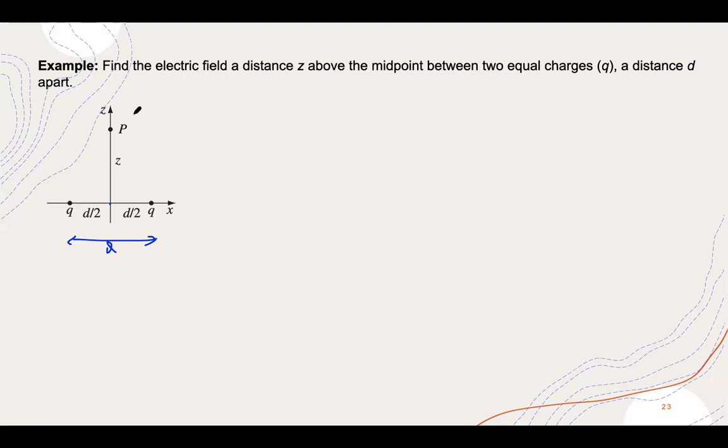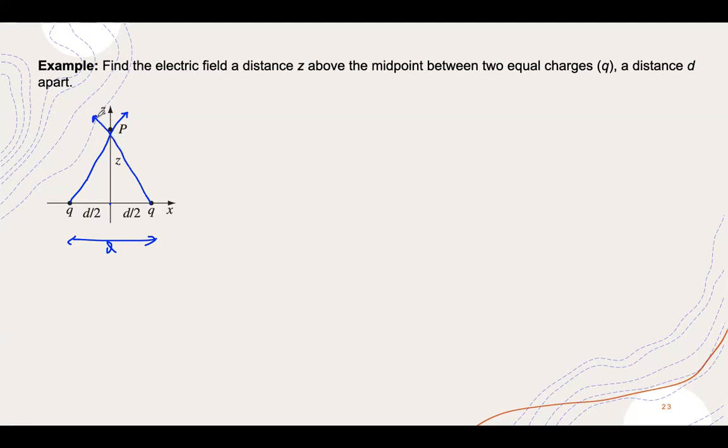So the very first thing we have to do, as we did in the previous definition, is find the electric field due to this charge at this point, and it is going to be something like this. Similarly, one could have the effect of this q at this point, which we can calculate simply like this.